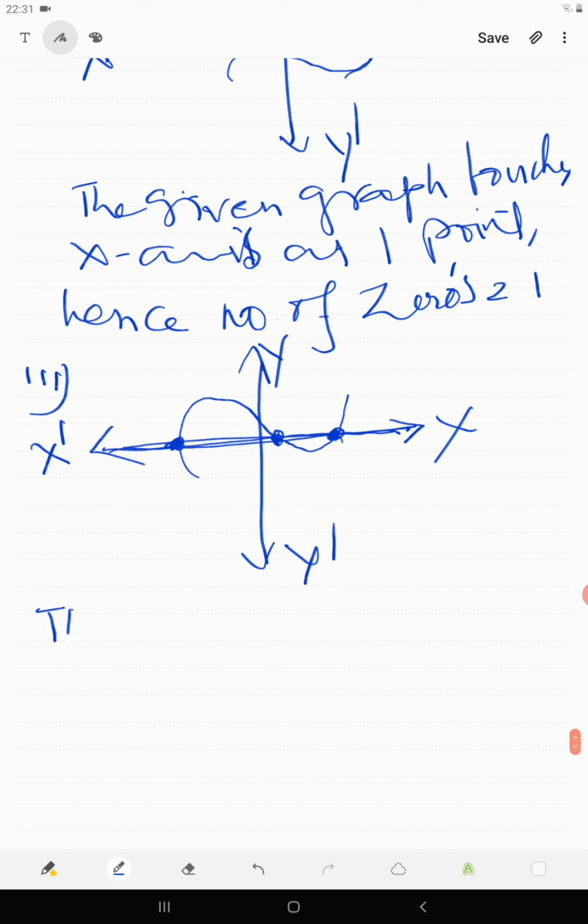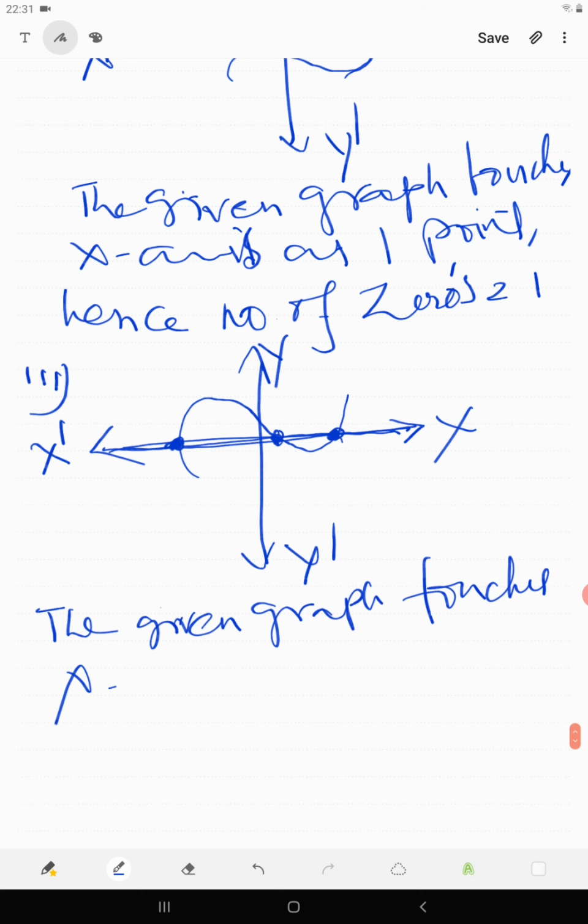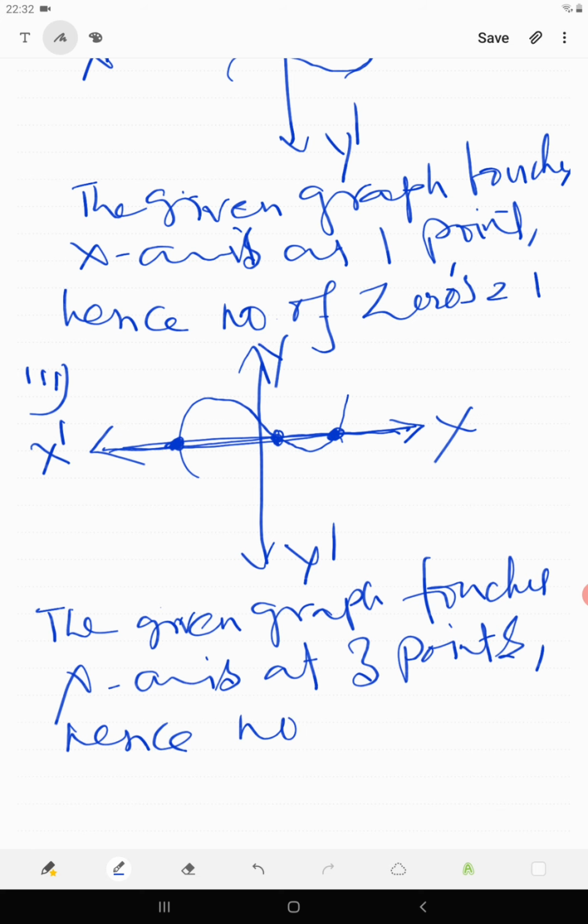So the given graph touches x-axis at 3 points, or meeting also you can say, touches or meets the x-axis at 3 points, hence the number of zeros equals 3.